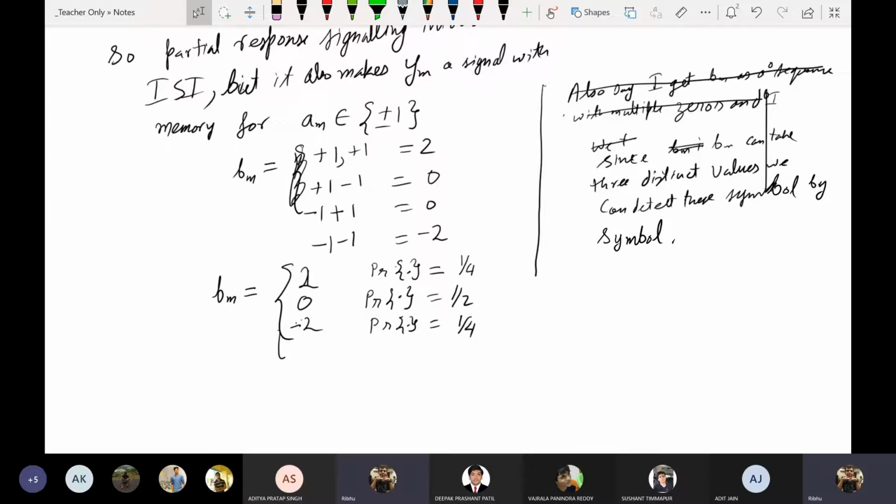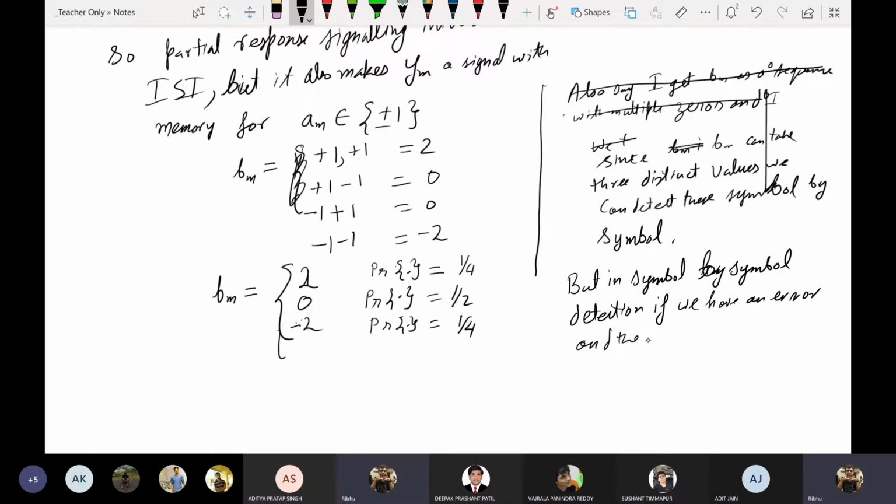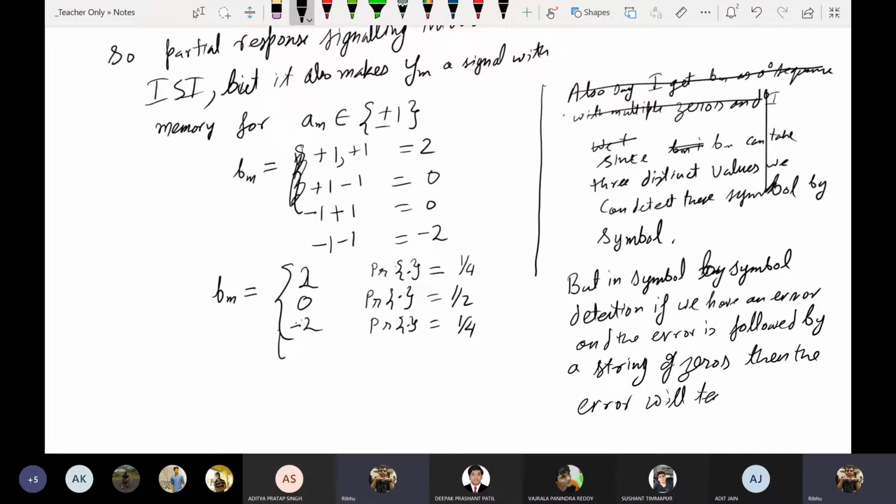We can detect symbol by symbol, but in symbol by symbol detection, if we have an error and the error is followed by a string of zeros, then the error will tend to propagate.